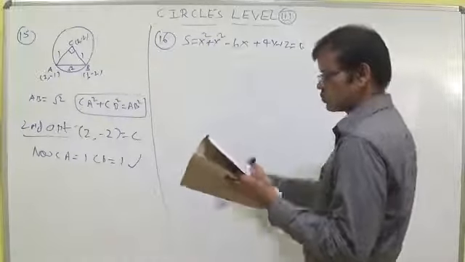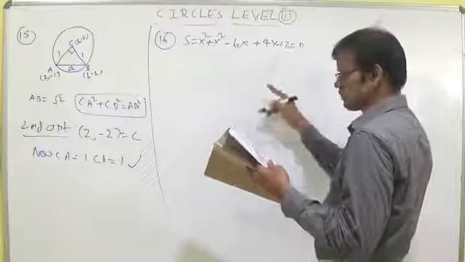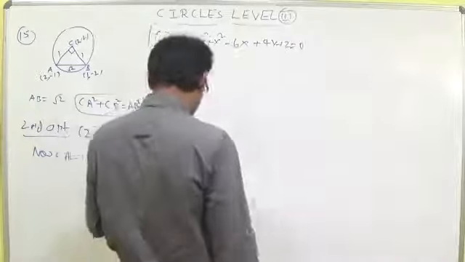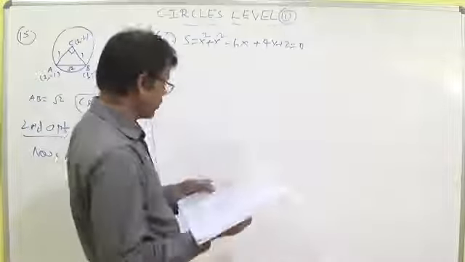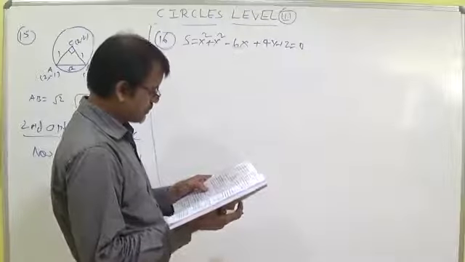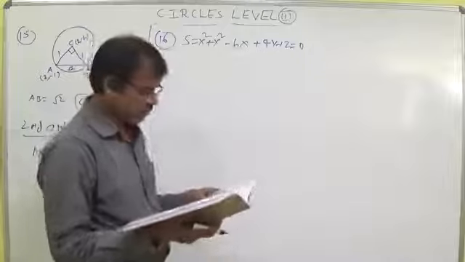First option is there. So for every option you should calculate the distance. Second option (7, minus 2): 49 plus 25 is 74, minus 42, minus 20, minus 12. It is also okay, 74 minus 74.